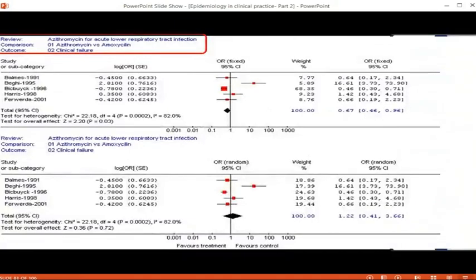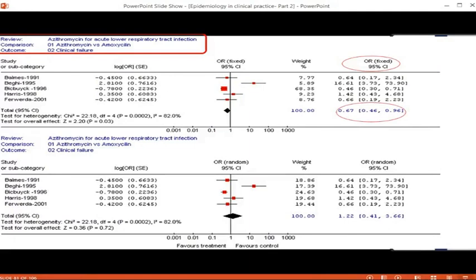An example I can show you is a systematic review from the Cochrane Library, which looked at azithromycin versus amoxicillin for treating acute lower respiratory tract infection, and the outcome here is clinical failure. If you look at the top forest plot, they've used odds ratios and a fixed effects model.